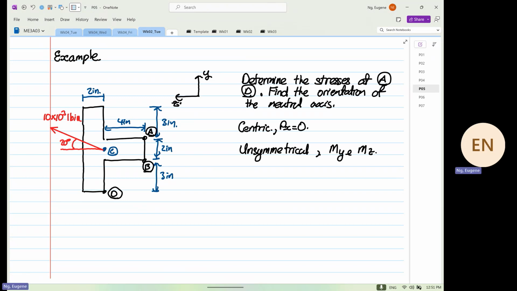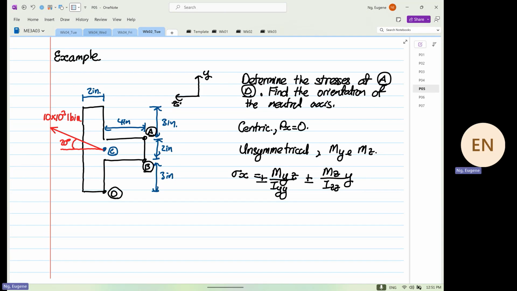Okay. So from here, we know that the formula we're going to apply will be: stress in the x direction is equal to My over Iy multiplied by z, plus or minus Mz over Iz multiplied by y. Plus or minus, do you need to worry?